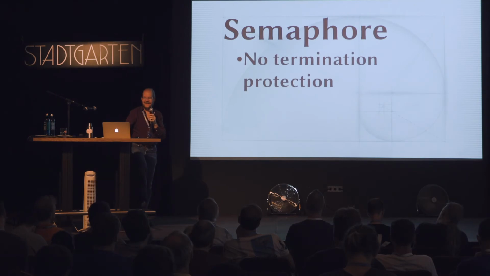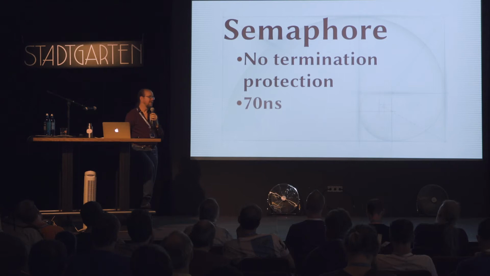Well, it can protect us against interference from other threads, but it's not generally designed to protect against being sent terminate. So we're already protecting the whole batch of updates against interference by other threads, but that doesn't protect against thread termination. And also, there's that 70 nanoseconds that I don't really want.